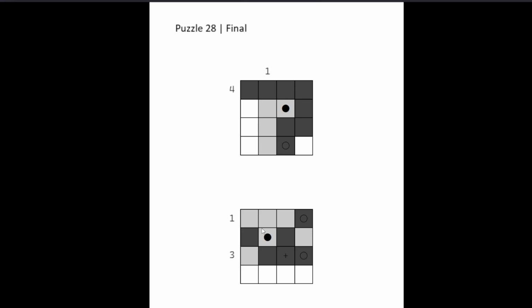No. Well, yes. Hmm, it's really hard for that to work. Yeah. I'm not super happy with the amount of bifurcation I'm doing. But if we try to go around this way to connect, there's no way we're making a white path.